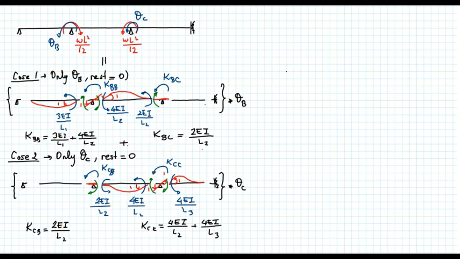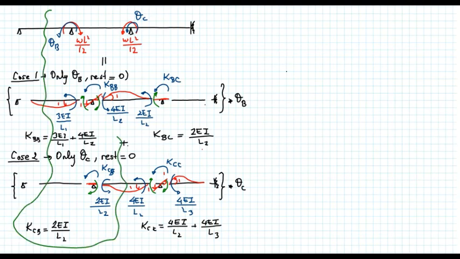Okay, now we determine all the forces that we need. Now we can write down the equilibrium equation. So the first equilibrium equation, I will write it using node B. So whatever I see here, my first equilibrium equation is as follows.